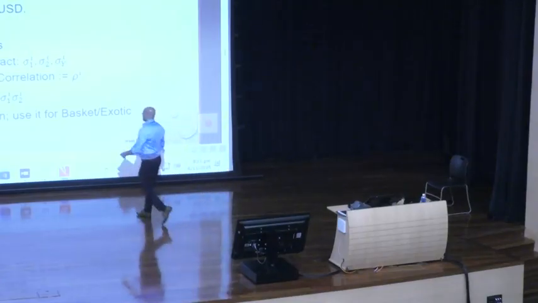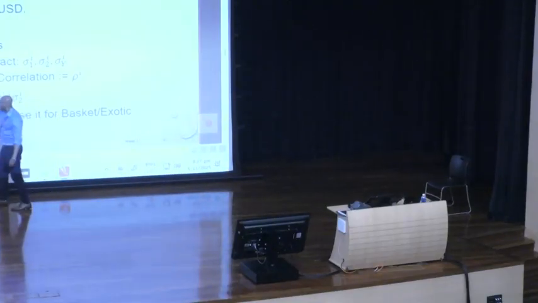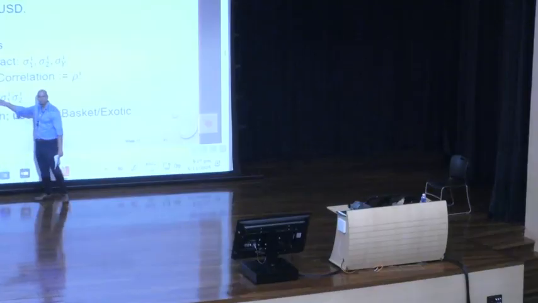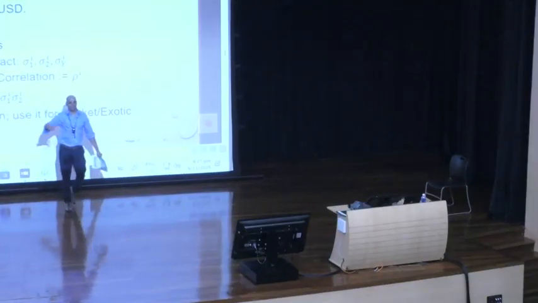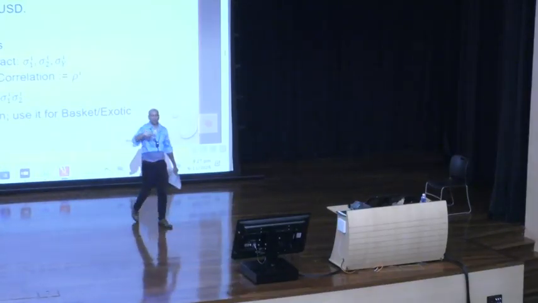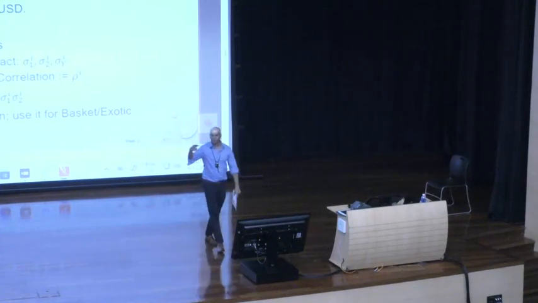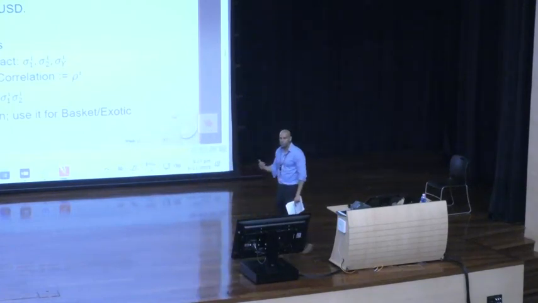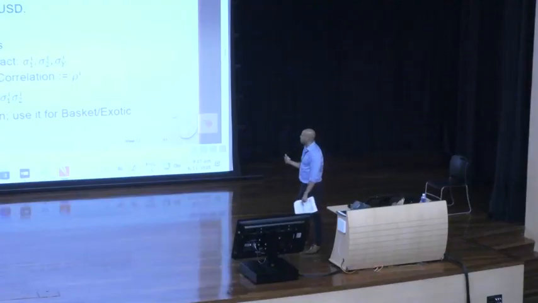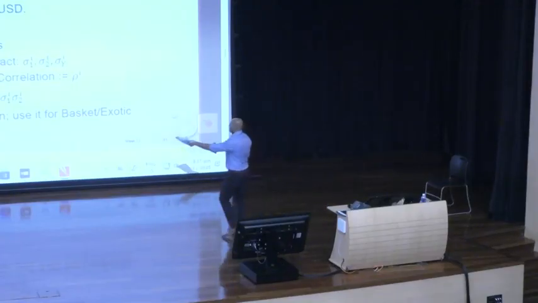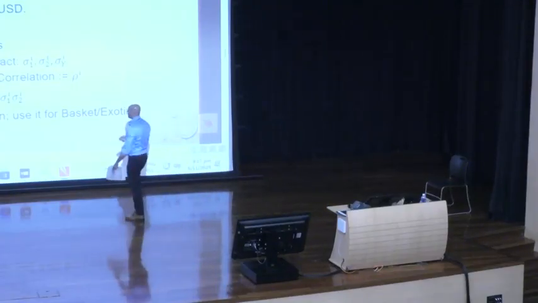Which means that you've got everything in here except rho. Okay, and this allows you to extract a market implied correlation from market implied options. Okay? And this is useful. It allows you to sanity check correlation.